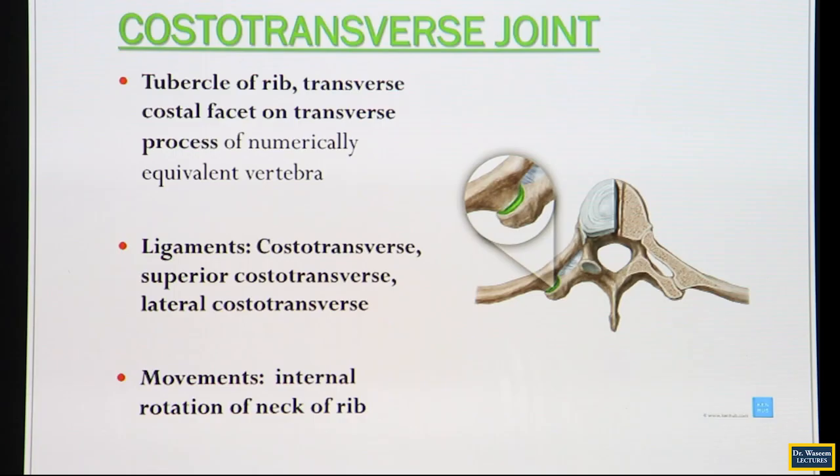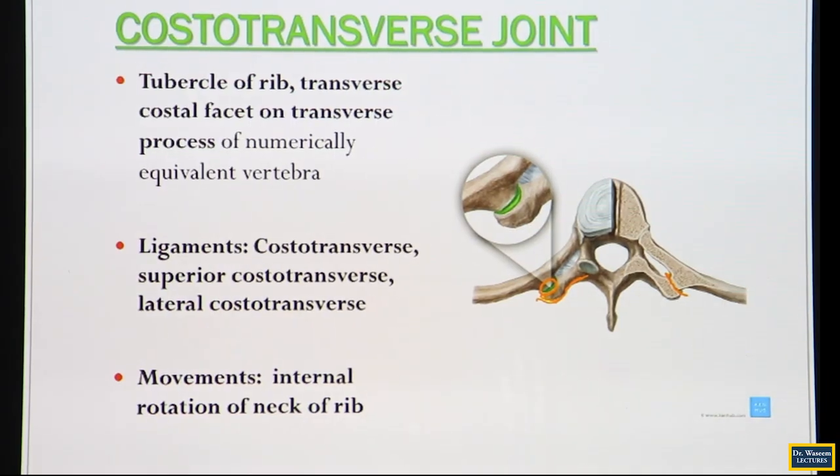Costotransverse joint is this one. You see again, we watch here this transverse process. At the tip of the transverse process, there is a notch. There is a facet at the tip of the transverse process of the thoracic vertebra. A characteristic feature of any thoracic vertebra is this.